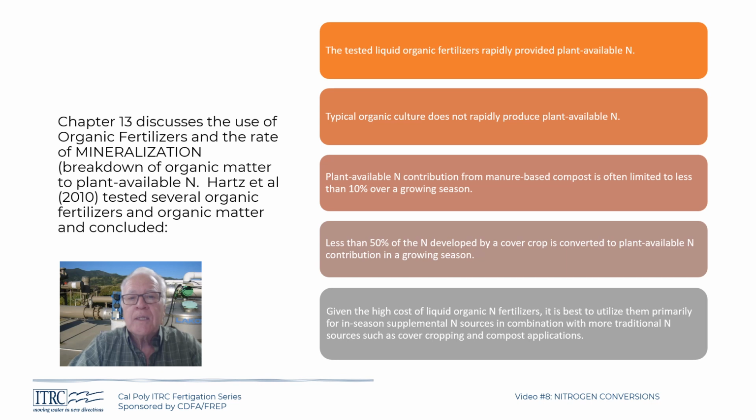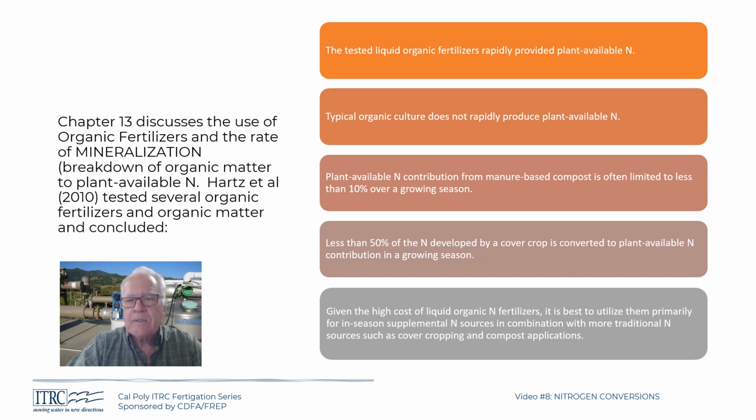So that's good. Now, typical organic culture, where you have the things you do with organic farming typically, aside from fertilizers, where you're mixing things in and waiting for decomposition, the bottom line is you don't rapidly obtain plant available nitrogen with that.